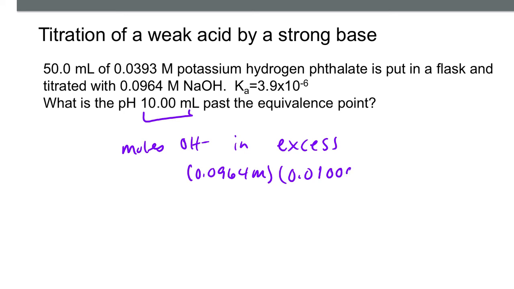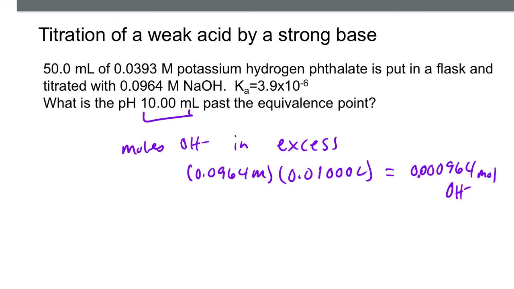So none of this has reacted. So we get, do I have too many zeros? No. 0.000964. Yeah, that makes more sense. Okay. Well, that's moles of hydroxide in excess.